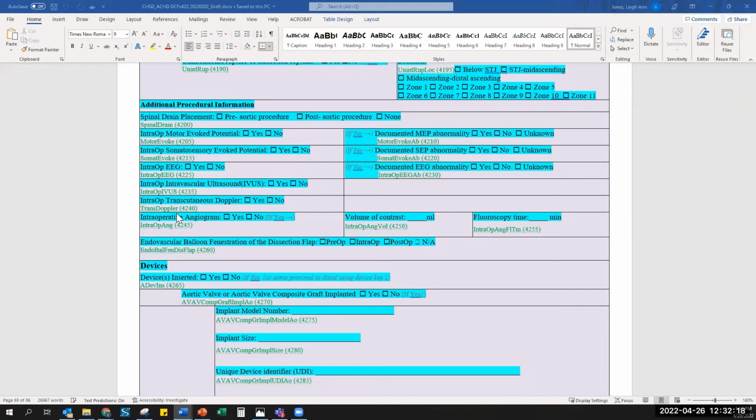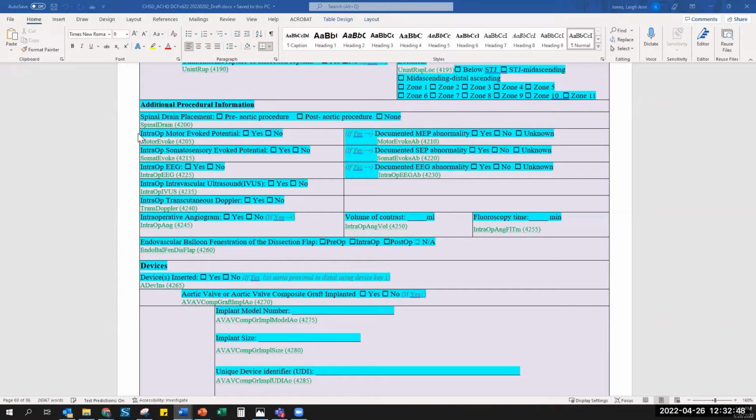The next question has to do with intra-op motor evoked potential. Was that measured? Motor evoked potentials are used to monitor spinal cord function during aortic intervention. Monitoring involves direct monitoring of electrical impulses used to stimulate the motor cortex and measurement of the response along the spinal cord.